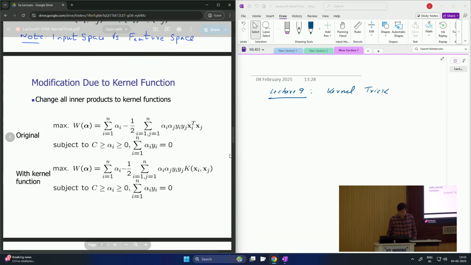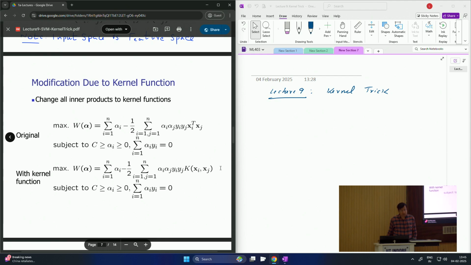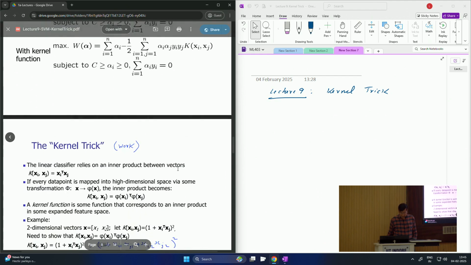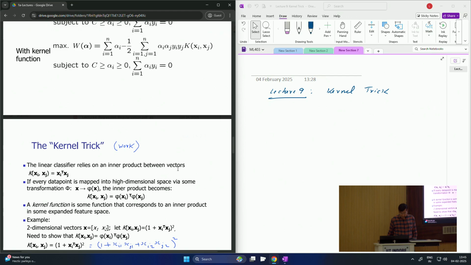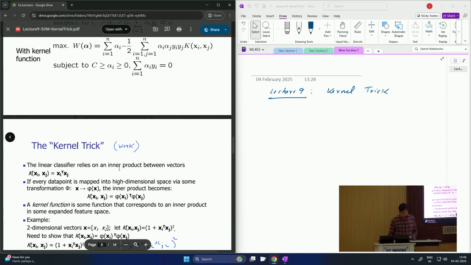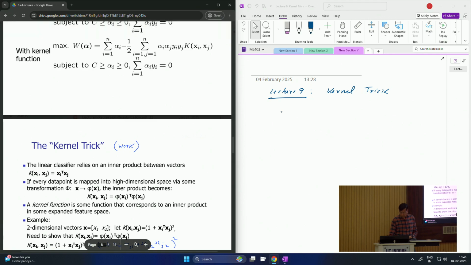So now what we do, we have to figure out what this kernel function is or what you're doing with the feature space. So this is an example which we're going to work out. So the kernel trick says, earlier, let's say, we had the inner product xi transpose xj, and then it is two dimensions.